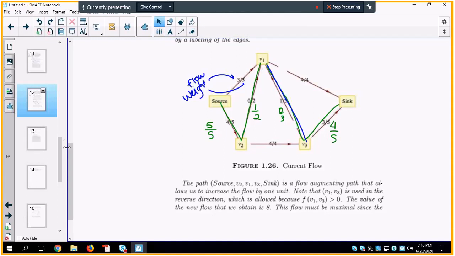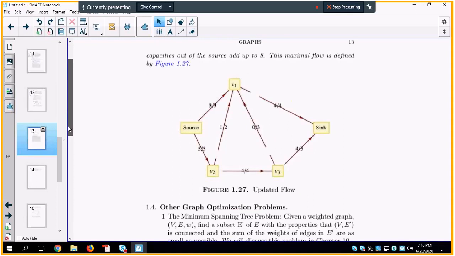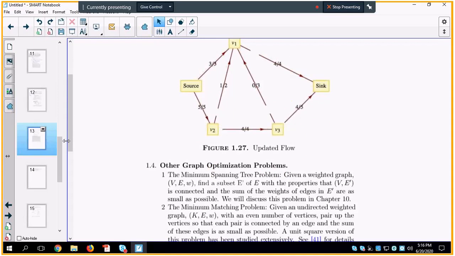Okay, so the new flow is 8, and this flow must be maximal since 8 is the most that we could send out of the source. So this maximal flow is going to be defined here, just as I relabeled the edges on the other graph. 5 out of 5, 1 out of 2, 0 out of 3, and 4 out of 5.